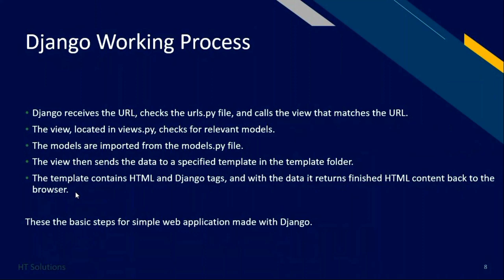These are the basic steps for a simple web application made with Django. Just understand this working process now, while we are doing the real-time scenario, creating the project, it will be more useful for you to understand the process. In later classes, we'll be seeing all the stuff.